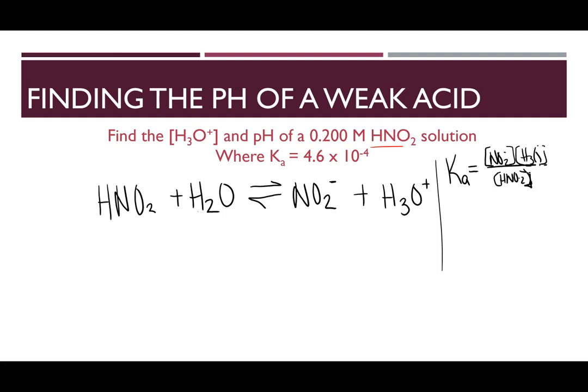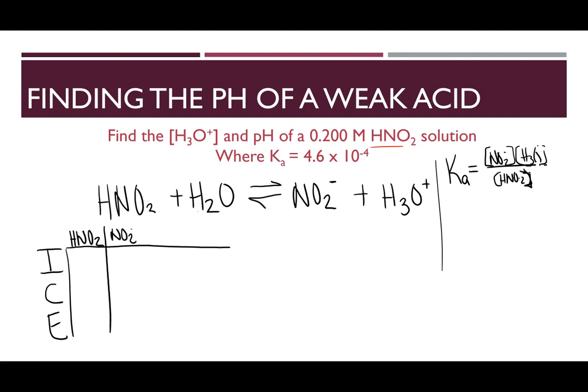Oops, brackets. And this is weak, so we know we're going to need an ice table. So ICE. On the top is HNO2, NO2 minus, H3O plus.